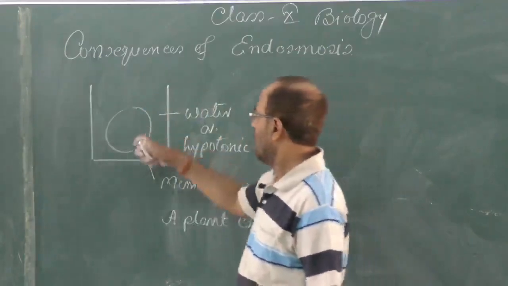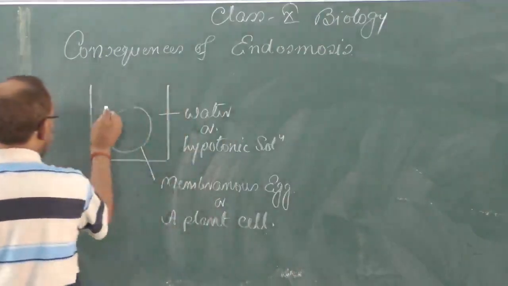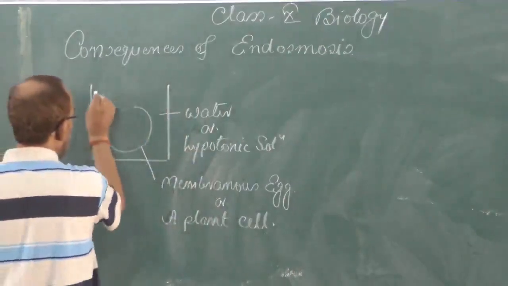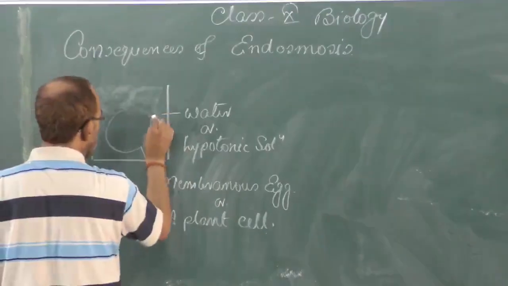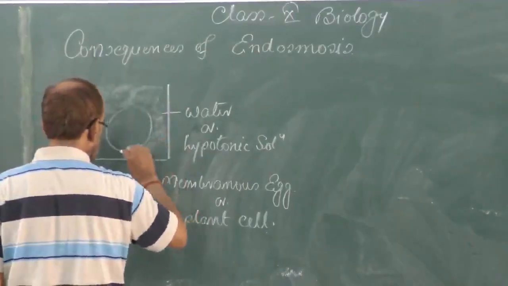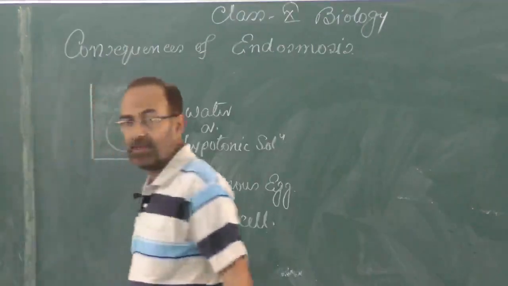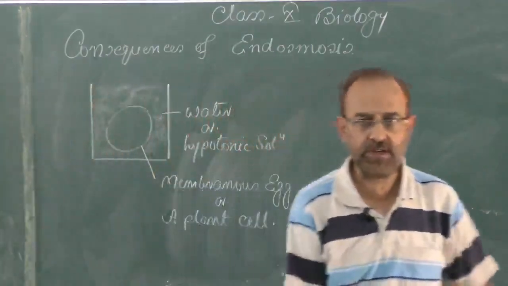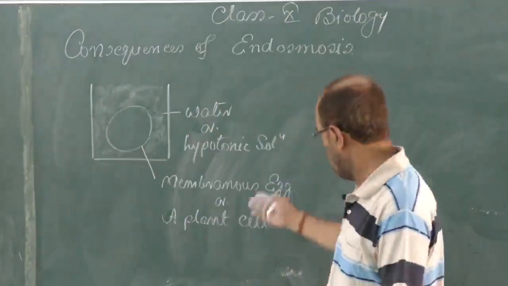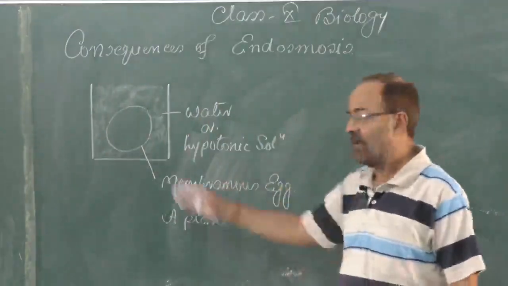Clear? So, in the outer medium, I have taken a hypotonic solution or pure water. And here, you know that cell is a very small microscopic structure. Alright. So, I have also written it is a membranous egg.